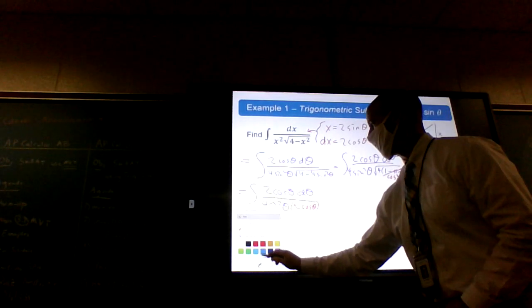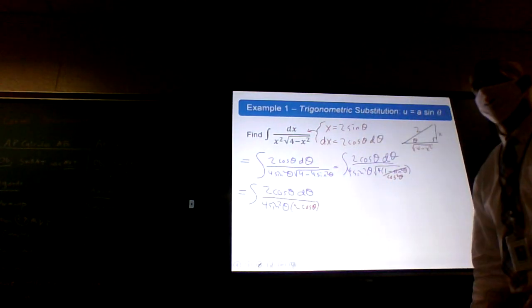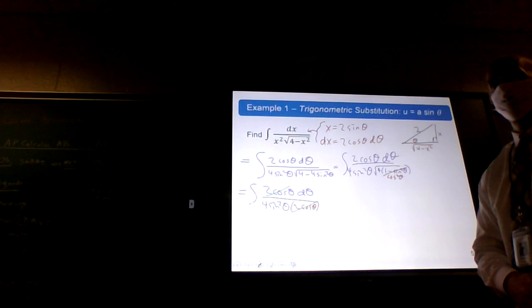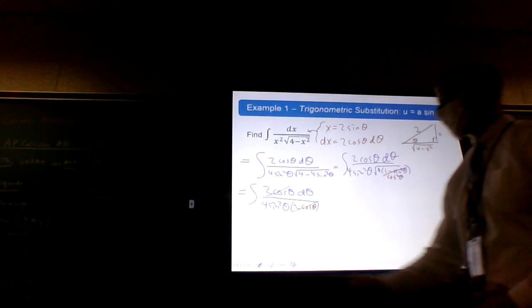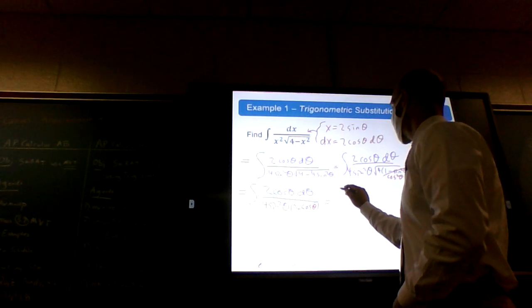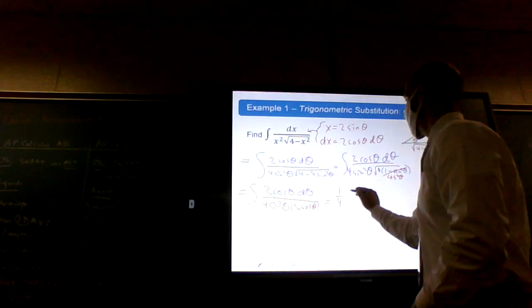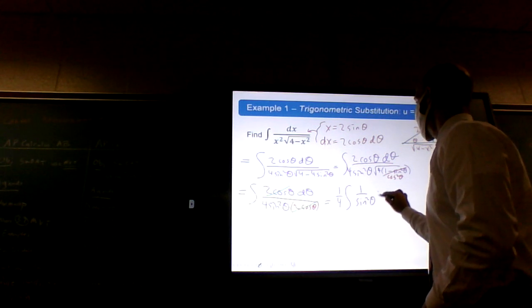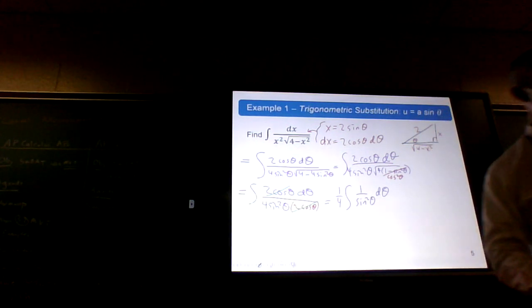Oh, by the way, does anything cancel now? The 2 and the cosines cancel. Now it's getting better. So now we're left with 1/4, I just pulled out the 4, times the integral of 1 over sine squared theta. It's gotten better.